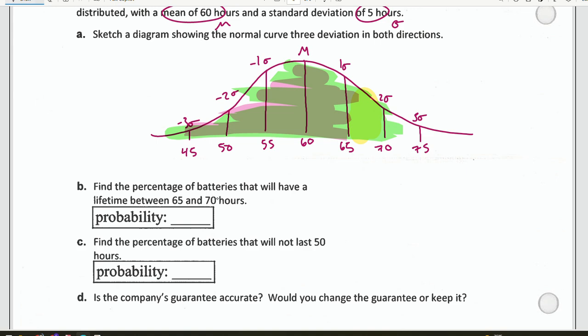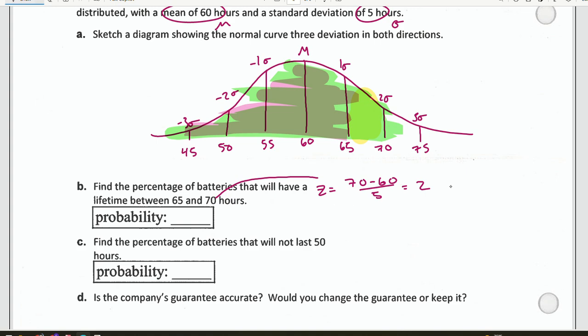So using our z equation, z-score equals, it's on your formula sheet, the data point minus the mean all over the standard deviation. So that's going to give us a z-score of 2.